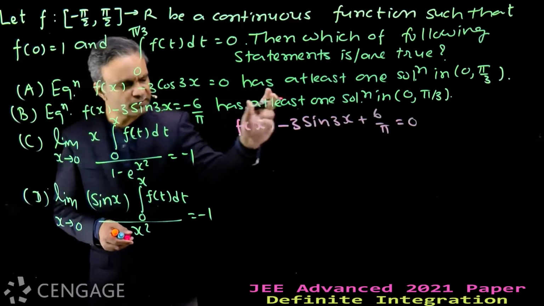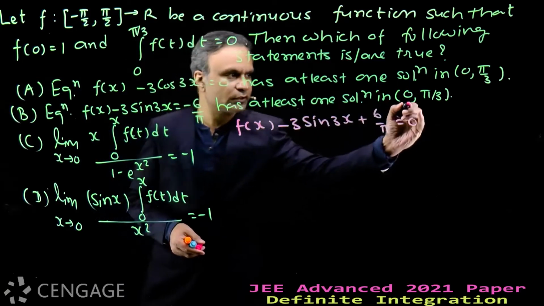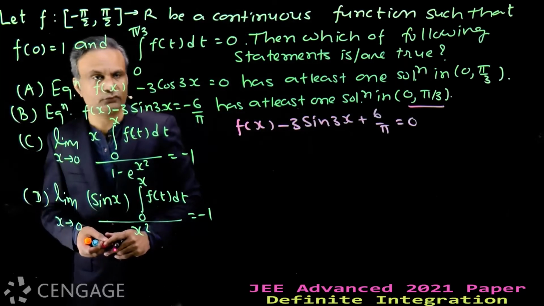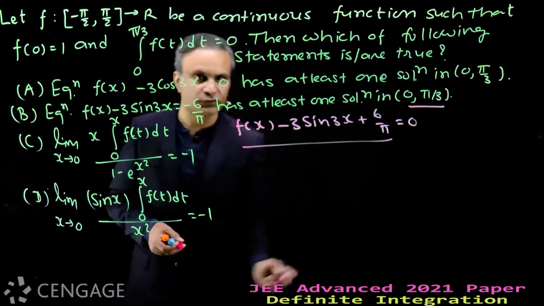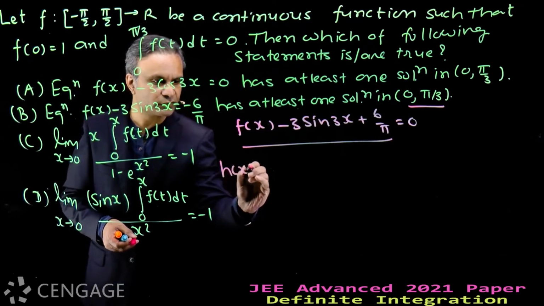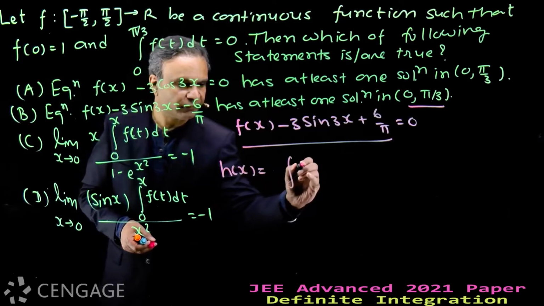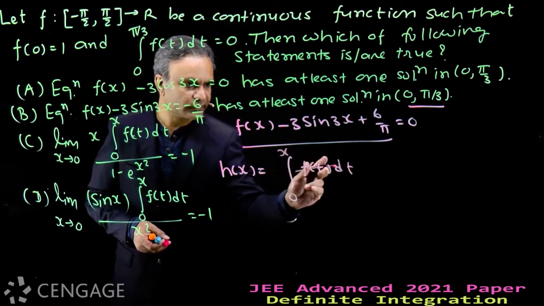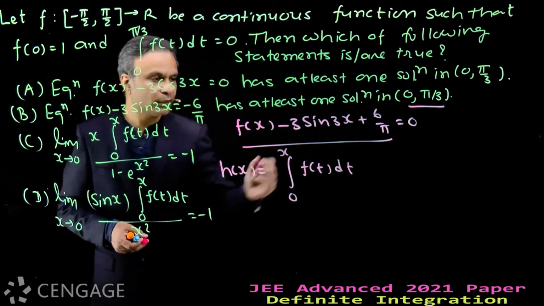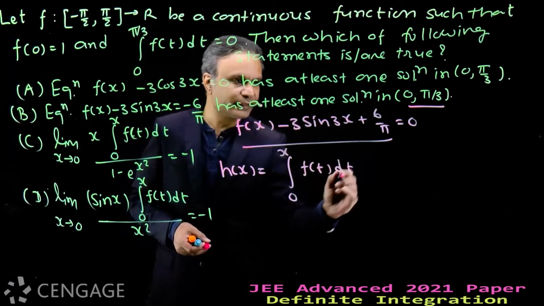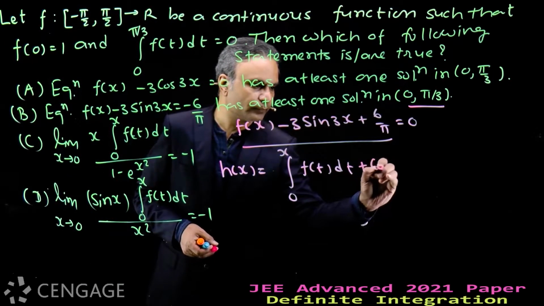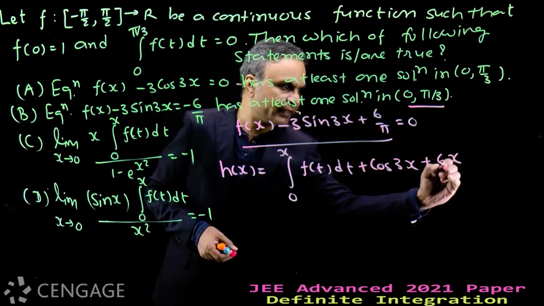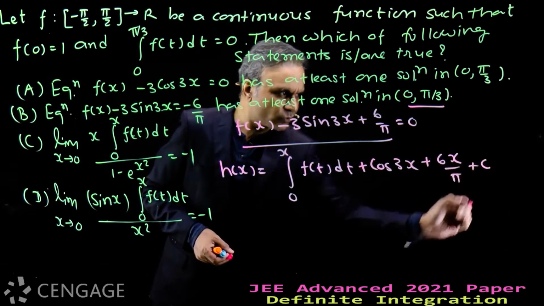So we create one function whose derivative will be this. That function h(x) will be this definite integral, whose derivative will be f of x, plus cos 3x, which is the derivative of minus 3 sine 3x over 3, plus 6x over pi. Add some constant c here.